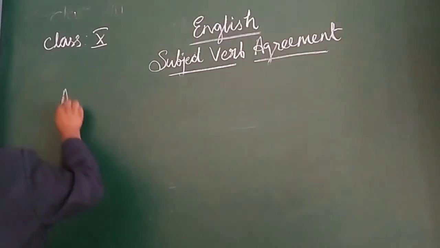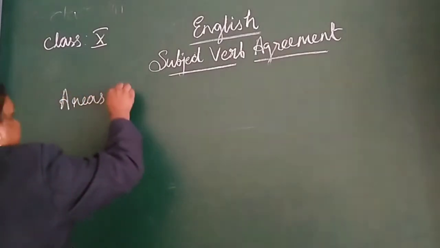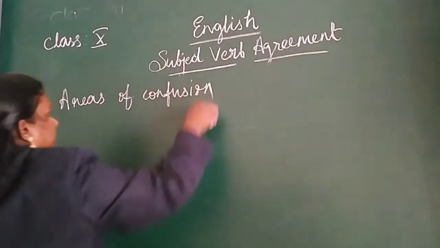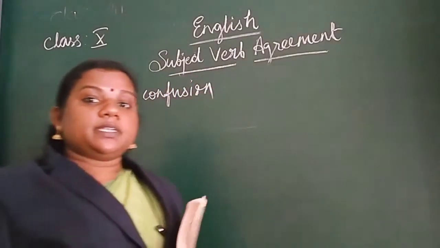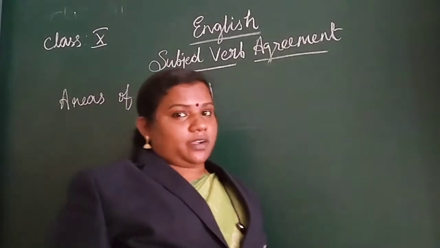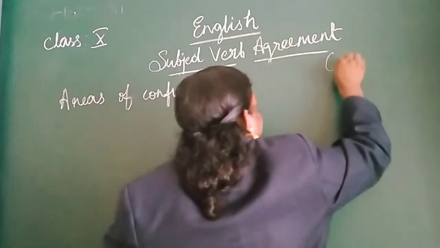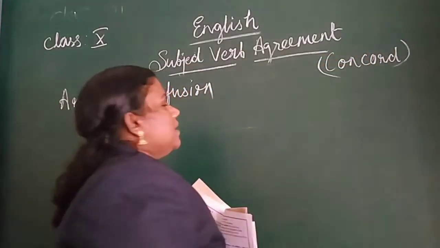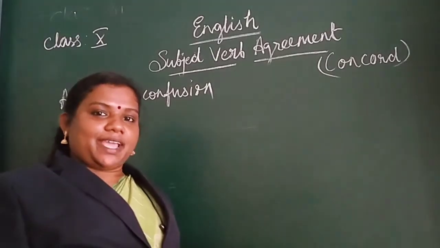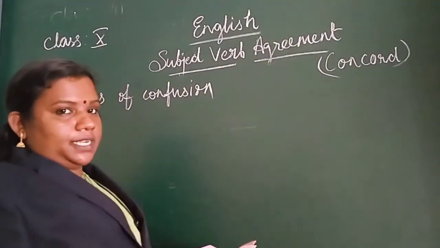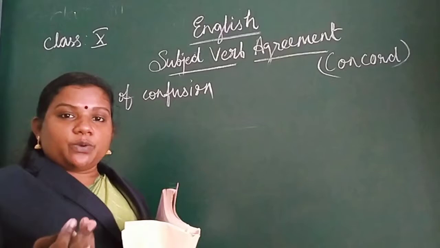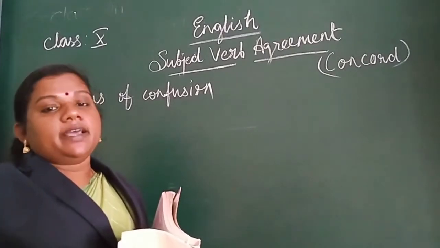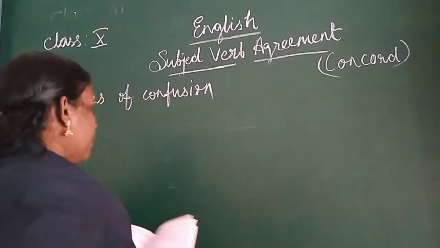Here we are discussing areas of confusion in subject-verb agreement. In grammar, it is called concord. In higher classes, higher education, you will learn concord, but here you learn subject-verb agreement. The first point is, when two singular subjects are connected by and, it will take a plural verb.